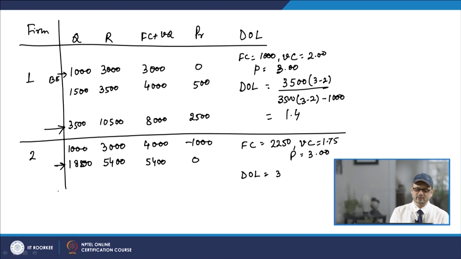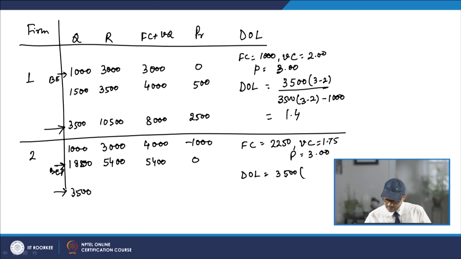Now, for the analysis, this is your break even point. For 3500 quantities, first of all we will find the degree of operating leverage, and that will be 3500 multiplied by 3 minus 1.75, divided by 3500 into 3 minus 1.75 minus fixed cost, which we had taken as 2250.